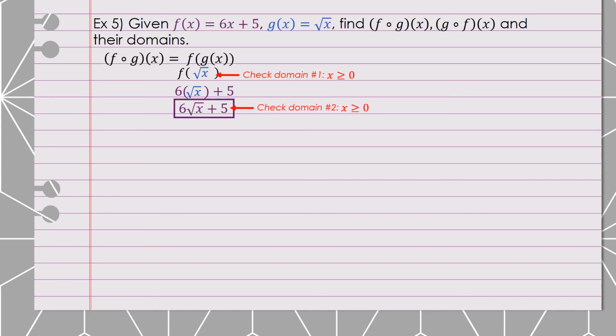Now we must solve for the domain of the whole entire composition. And to help us, we need to draw a number line. By coincidence, they both end up being x is greater than or equal to 0. So in other words, something important happens at 0. Now, what values are greater than 0?